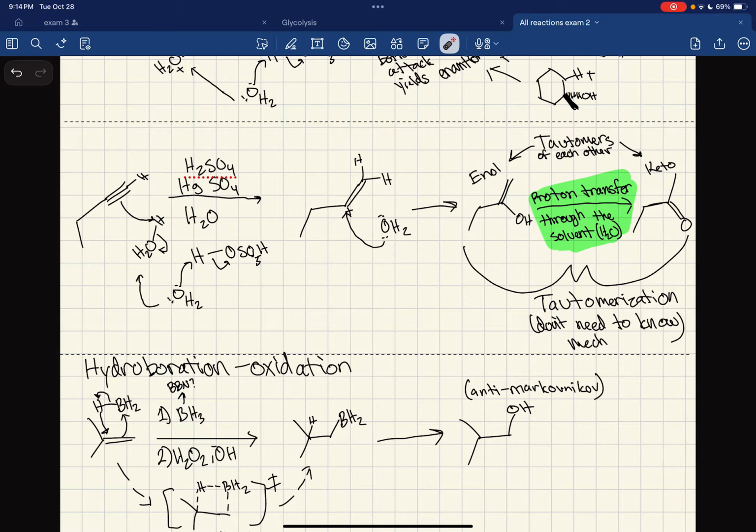What is this one called? This is also, I think it's just called hydration, but it's of a triple bond. So for this one specifically, you need this mercury reagent as well. Her reasoning was if it's not in there, it will form some tar-like alkyne stuff.